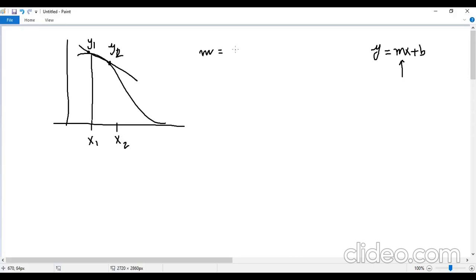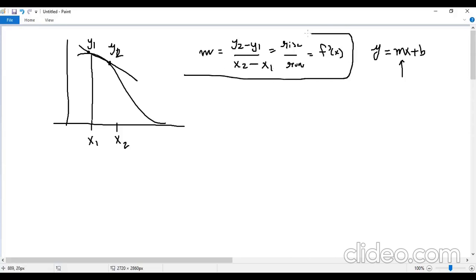So m is in fact y2 minus y1 over x2 minus x1, which is rise over run, which is also the derivative, f prime. The derivative just means, in essence, the slope of the tangent line at a point. The extent to which that tangent line slopes is, in fact, the derivative.